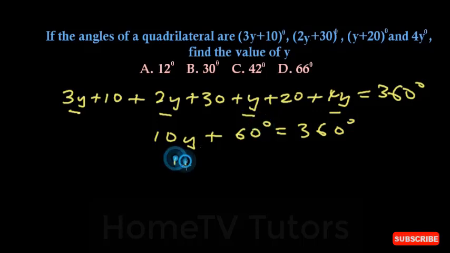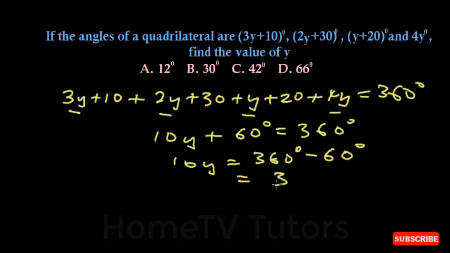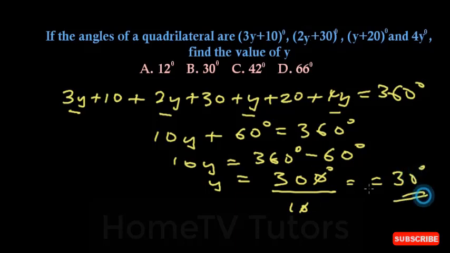Okay, so 10y is equal to 360 degrees minus 60 degrees, which gives us 300, and dividing both sides by 10, we now have y as 30 degrees, which makes the answer option B the right answer.